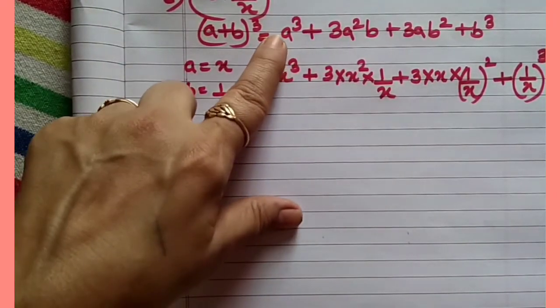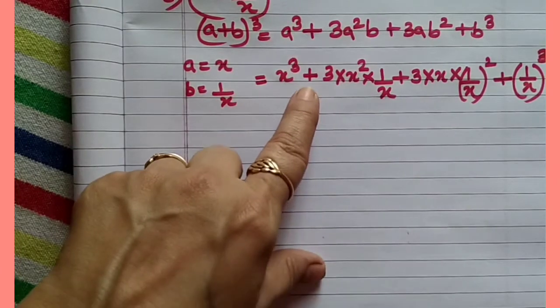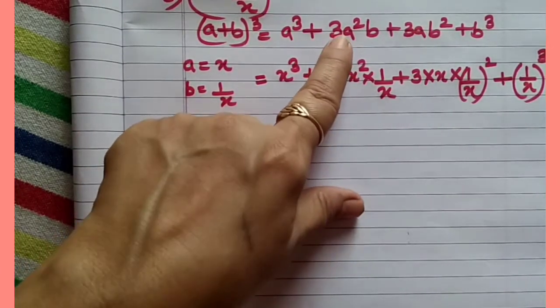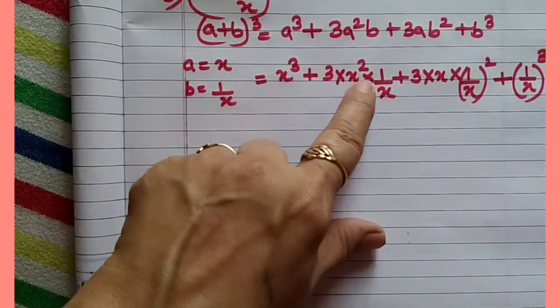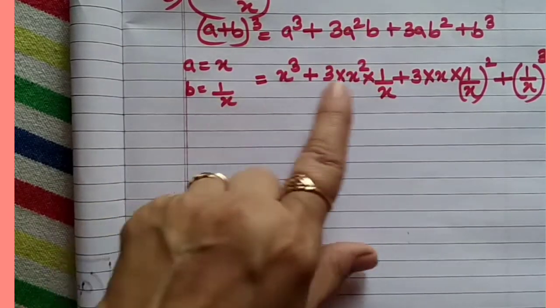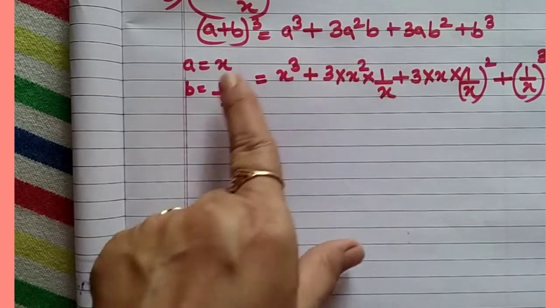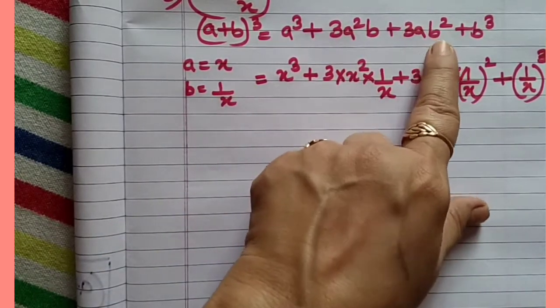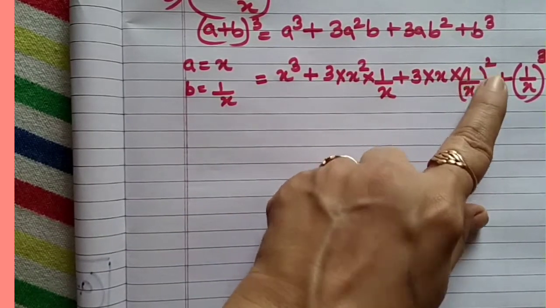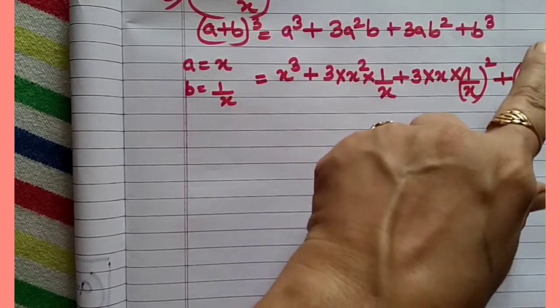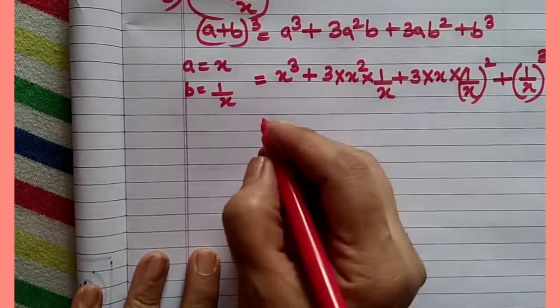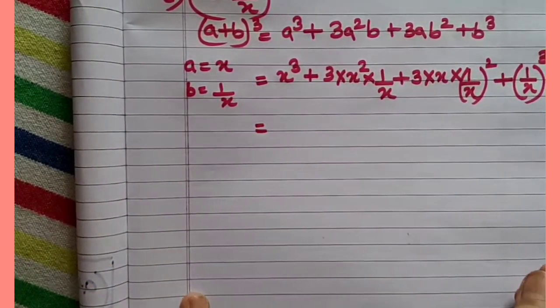x cube. Why? Because it is a cube, plus 3 multiplied by x square into b, that is 1 upon x, plus 3 multiplied by x multiplied by 1 upon x square, plus 1 upon x cube. Now we will open it and find out the answer.